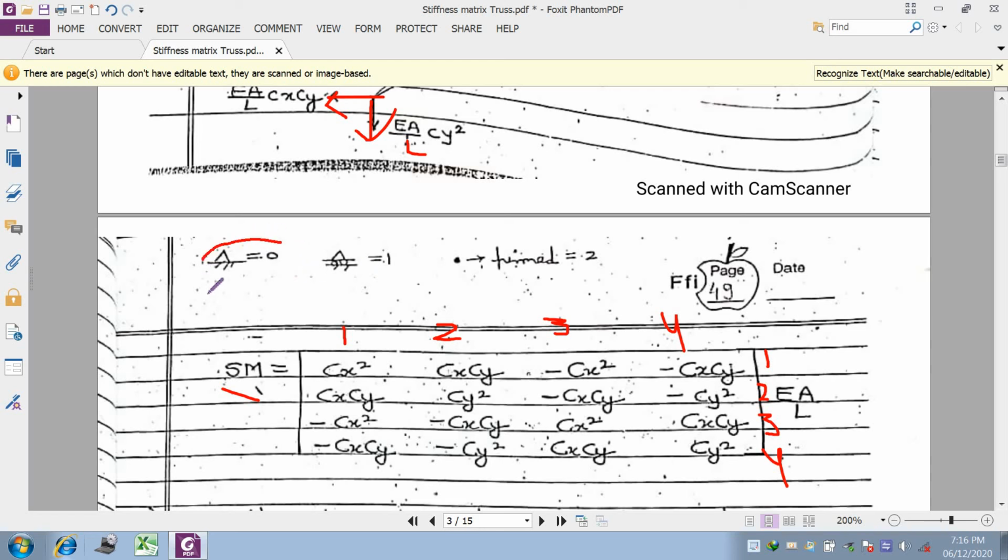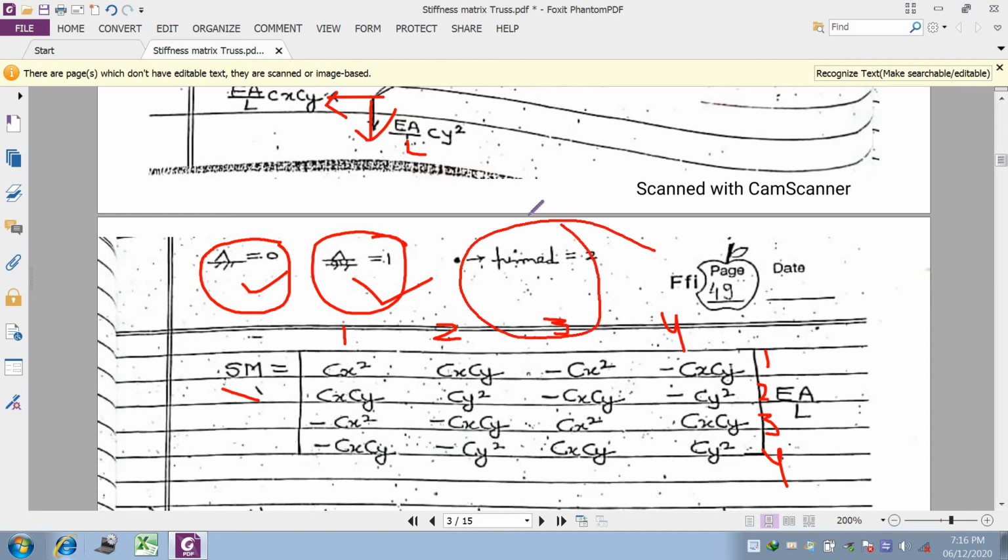Whenever the support is fixed, the unknown degree of freedom will always be 0, so no unknown is formed at a fixed support. If the support is a roller support, the unknown degree of freedom will be 1. And if the support is pin jointed, the degree of freedom will be 2.